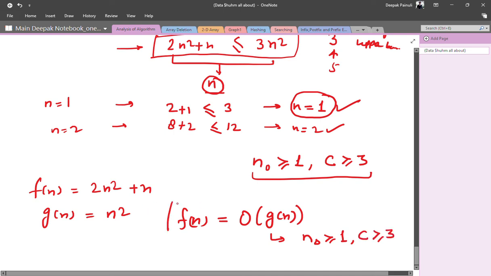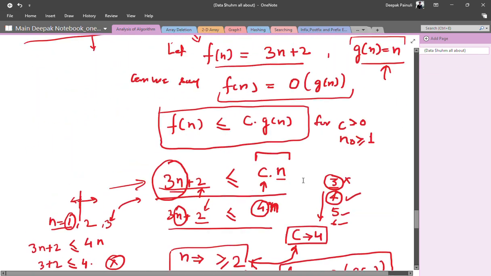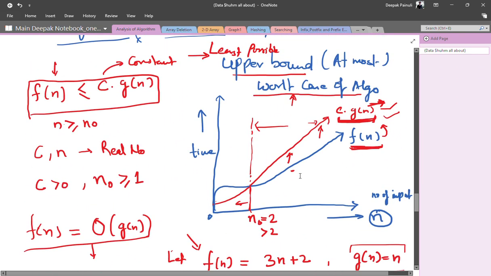For those constants only, with a minimum of one input and a c value of 3, we can say that f(n) is big O of our assumed function g(n). So that's what we want to know. We want to find this g(n) and c value.